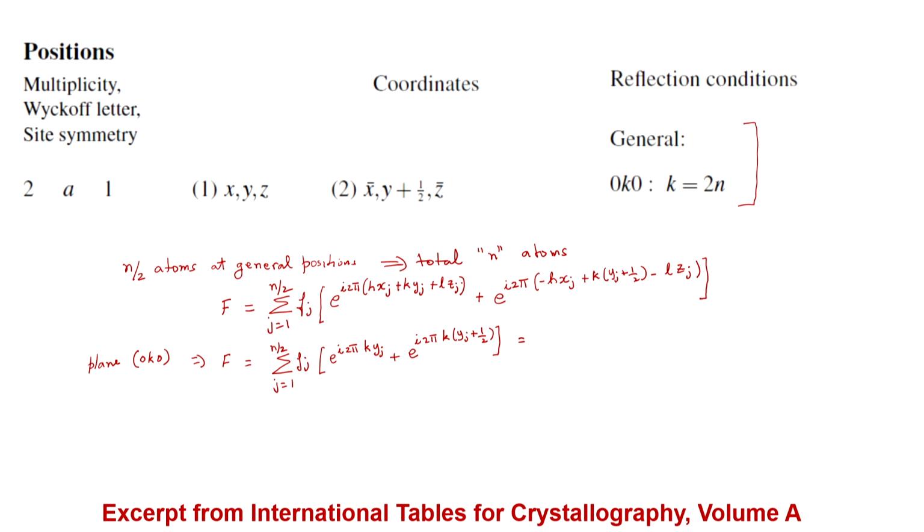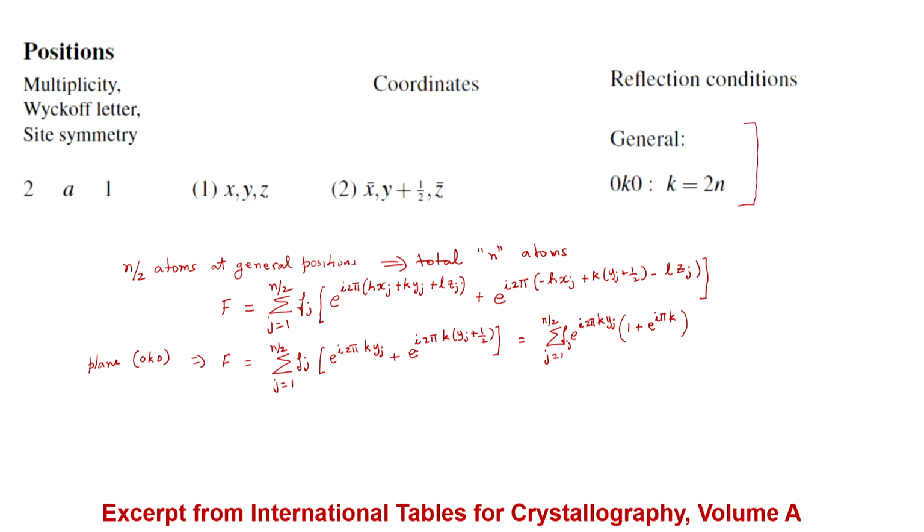Now, this could be written in the following way. I can take e to power i 2 pi k yj common out here, and what I am left with is, from the first term 1, and from the second term it will be e to power i 2 pi k half, because k yj is common and has been taken out.